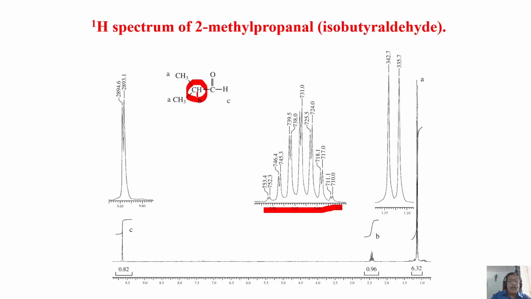One CH3 splits this into a quartet, and each line of this quartet is split into another quartet by the other CH3. A quartet is 4 lines, 1, 3, 3, 1 in intensity. Again each line is split into another quartet. So you have got 16 lines.